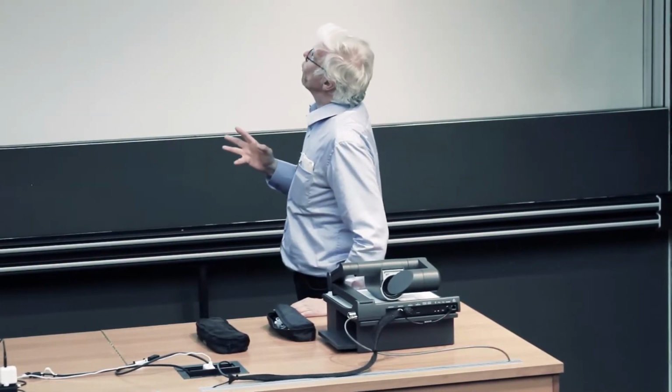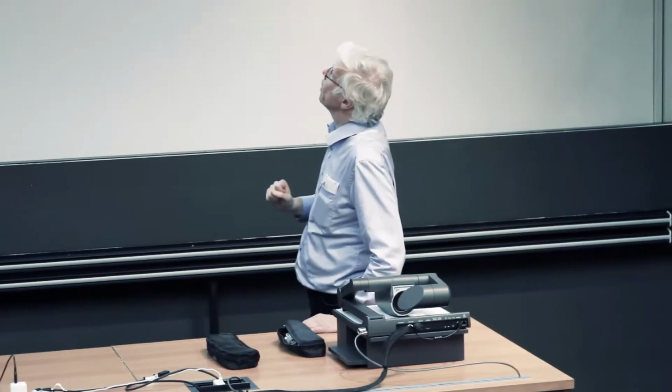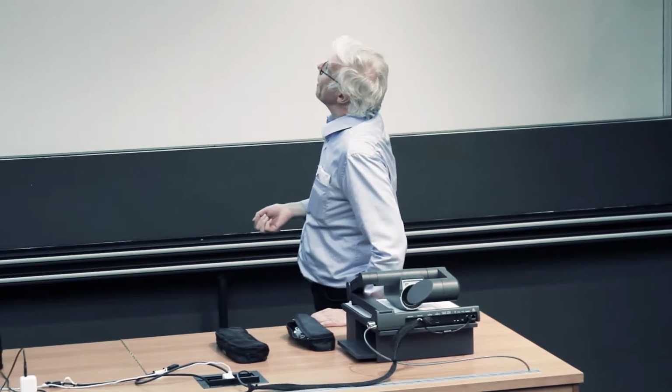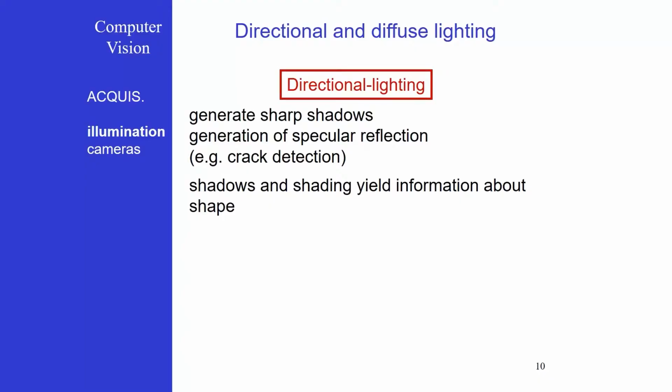It may also generate specular reflection at places of the object where the orientation is in the mirror symmetric orientation, and that may help for crack detection again. And shadows and shading yield information about the shape. So that's one form. You may actually go after these specular reflections where the orientation of the surface is abnormal.